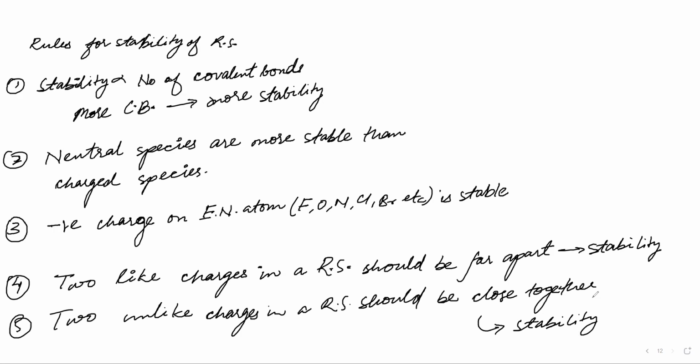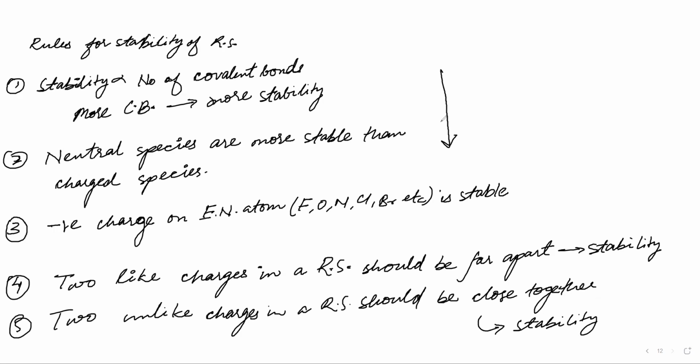There are five things. First of all, you have to count the number of covalent bonds, and you will go in sequence. If you have found the resonating structures, compared the covalent bonds, and one has more covalent bonds, that resonating structure is more stable. If you have the same number of covalent bonds, then you see which is neutral and which is charged.